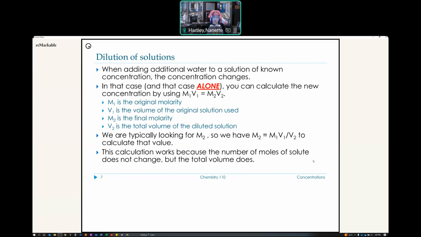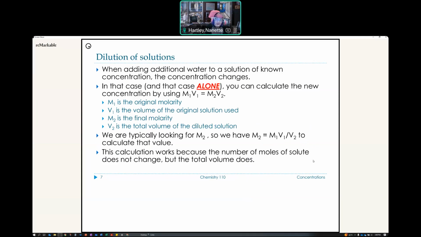And so if I multiply those two things together, it says I have this many moles of this material that are present in this sample. And then I add more water to it. So I have this many moles, I have a new volume, and so I have a new concentration.